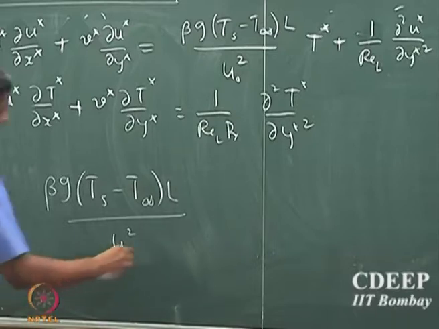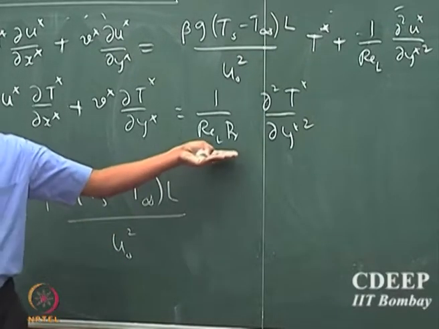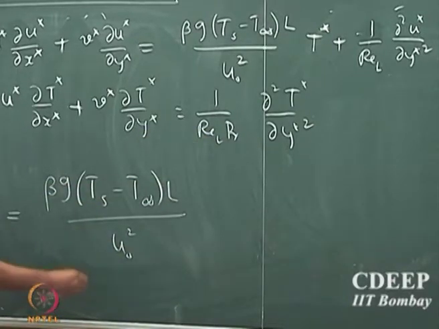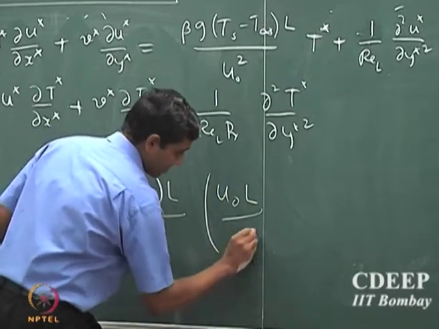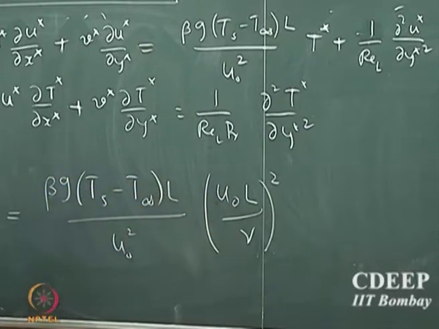So we define a new number called the Grashof number, which is not simply the coefficient. In all the earlier cases, we attempted to define a dimensionless quantity for the coefficient, and here we distinguish the effect of different forces. The way to do that is you multiply it by the square of the Reynolds number. Remember that u naught L by nu is nothing but the Reynolds number based on the length of the plate.